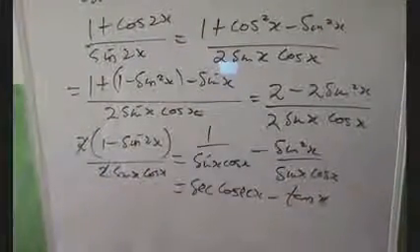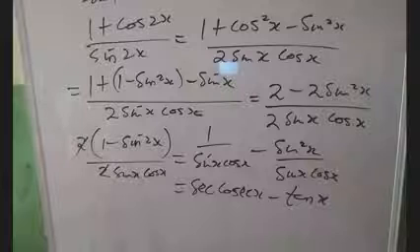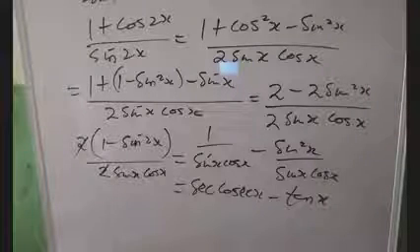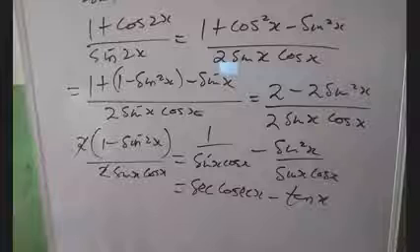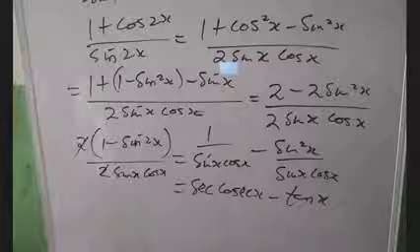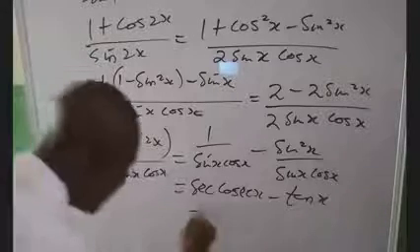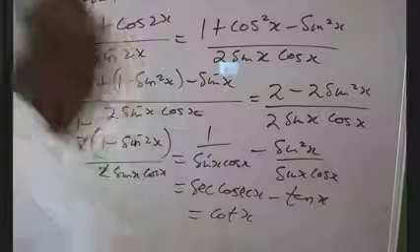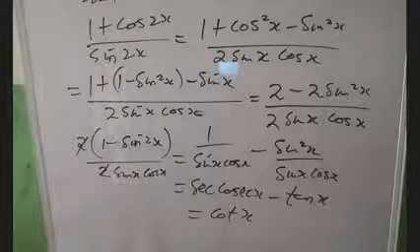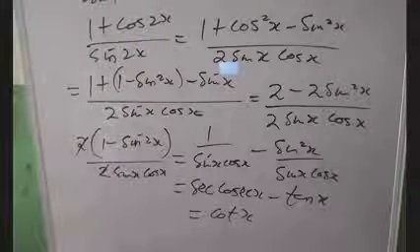That's minus tan x. So you simplify further. Our final answer there will give us cot x. This is equal to cot x. So our final answer there is cot x.